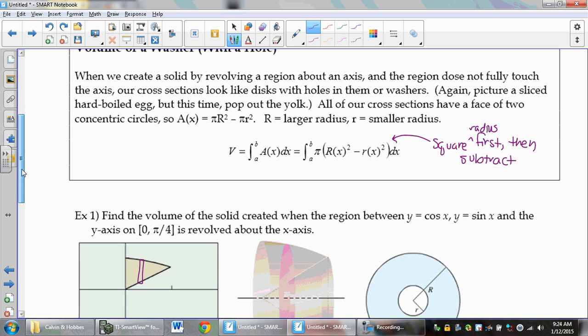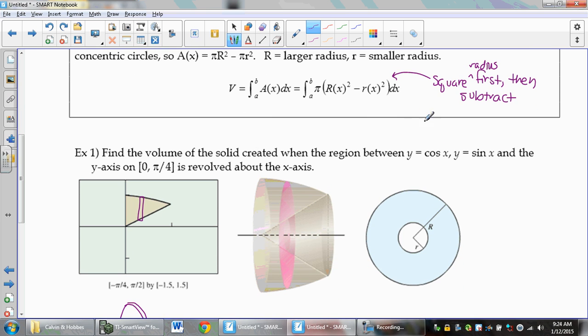Speaking as an AP reader, if you subtract and then square, we pretty much just don't like you and write you off for nothing and you get 0 points. End of story, you're done, goodbye. Even if it's a 4-point question, if you don't square them first and then subtract, and instead you subtract and then square it, you're dead to us. We don't even look at it anymore. So please square the outer radius minus square the inner radius, all right?